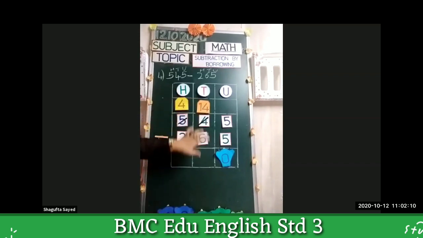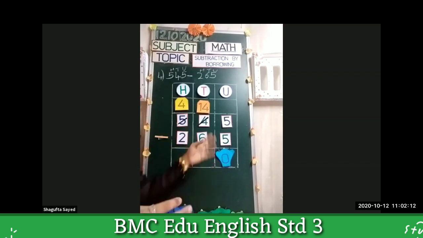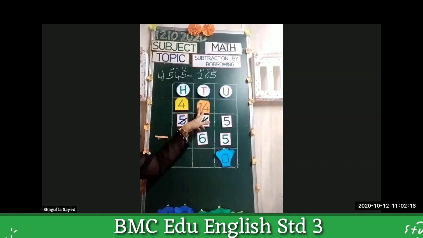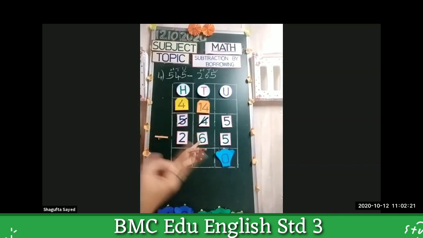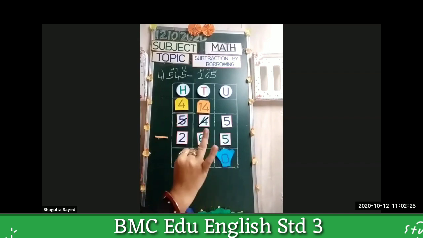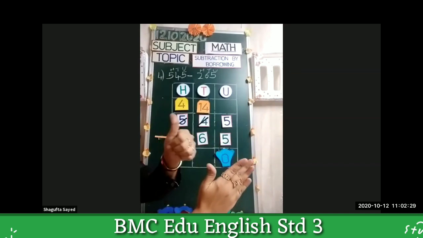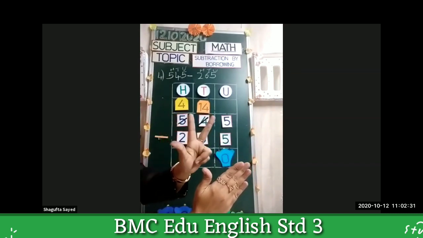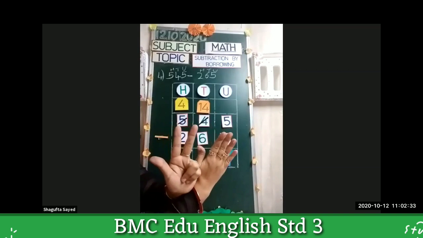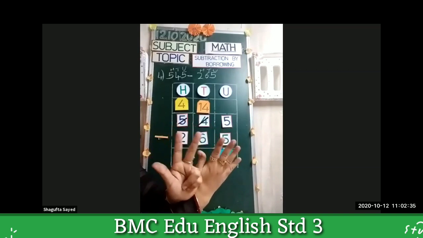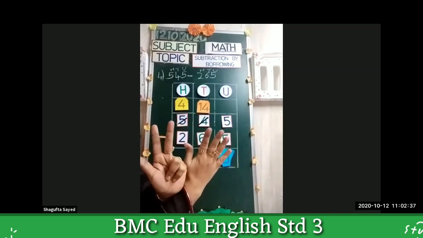Now, out of 14, we can minus 6 because 14 is the bigger number, right? Keep the bigger number in our mind, and after 6, we can start counting. What comes after 6? 7, 8, 9, 10, 11, 12, 13, 14. Tell me the answer. That's very good. 8.